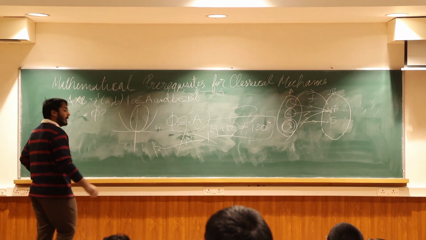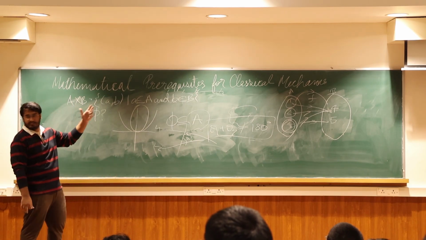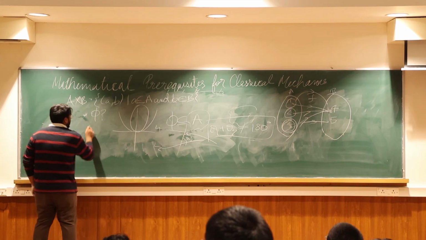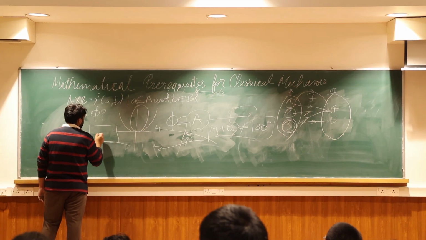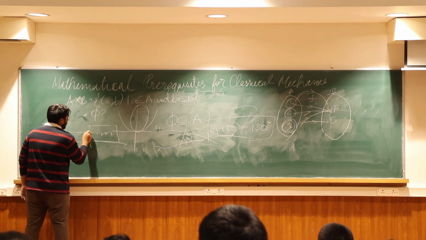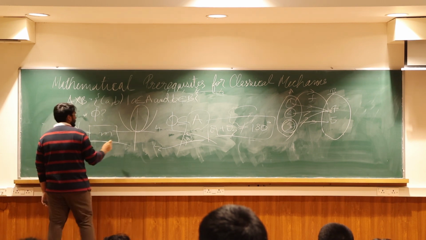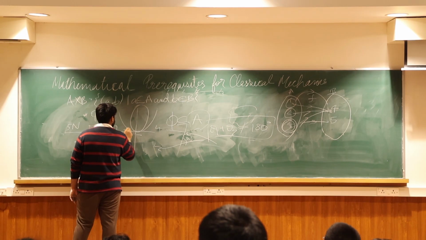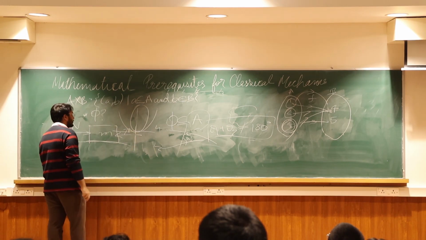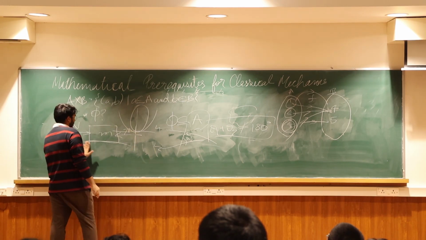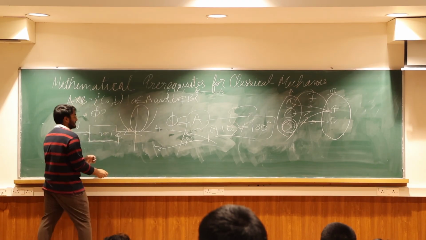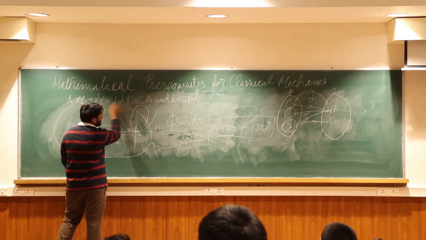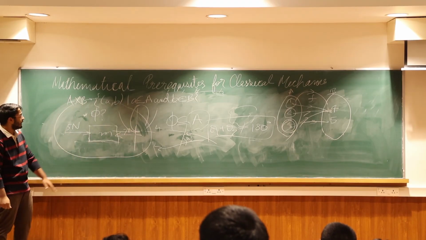If I was to ask you, I'm deviating a bit, but of course for physics it's not deviating. If I kept a block in front of you of whatever mass m, there's a 5 Newton force here, there's a 7 Newton force from here, and let's say it's not kept on the ground, it's kept in free space, in a vacuum. This is an isolated system, it has no interaction with the external world.